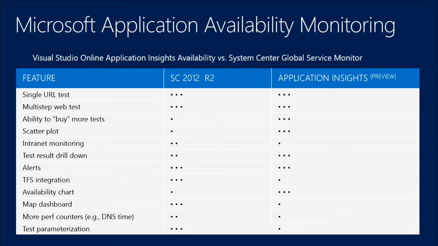Those then plug into these two products. Now, I'm not going to dive into the depths of all these bullets here, but the point is that the capabilities of utilizing GSM and that availability monitoring vary slightly depending upon which product it plugs into.